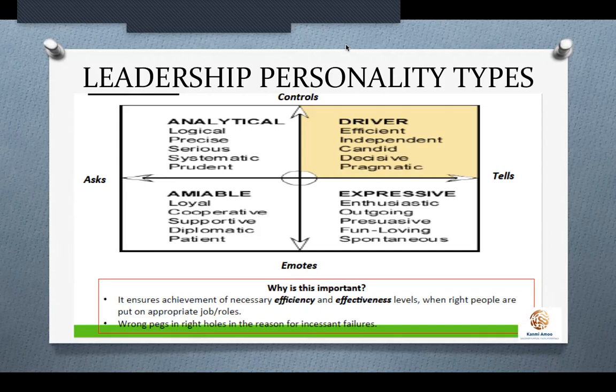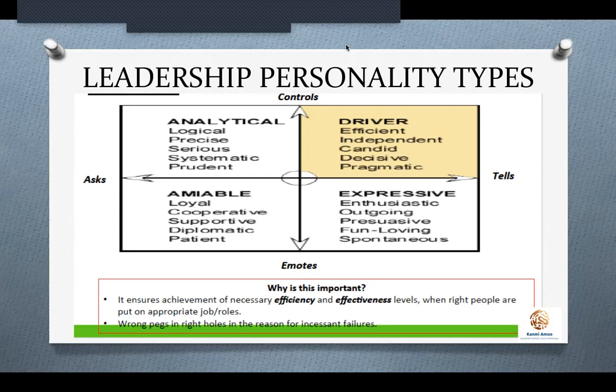They are networkers, they easily make friends. While the amiable personalities are loyal, cooperative, they don't want to rock the boat, they are supportive, they are diplomatic, even in telling you if they have a difference.